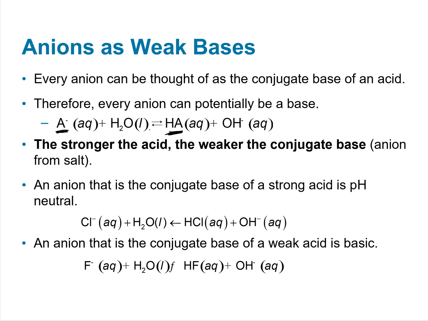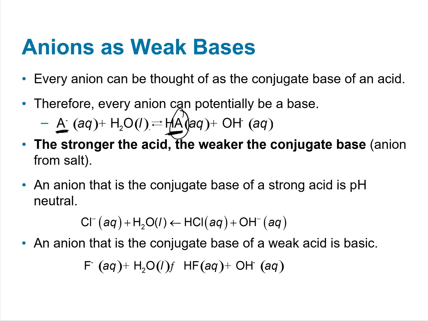If it's really good at giving up its proton, that means that conjugate base, A minus, doesn't want the proton back. If it doesn't want the proton back, that means it's not a very good base, right? So the better this acid is, the weaker the conjugate base is.